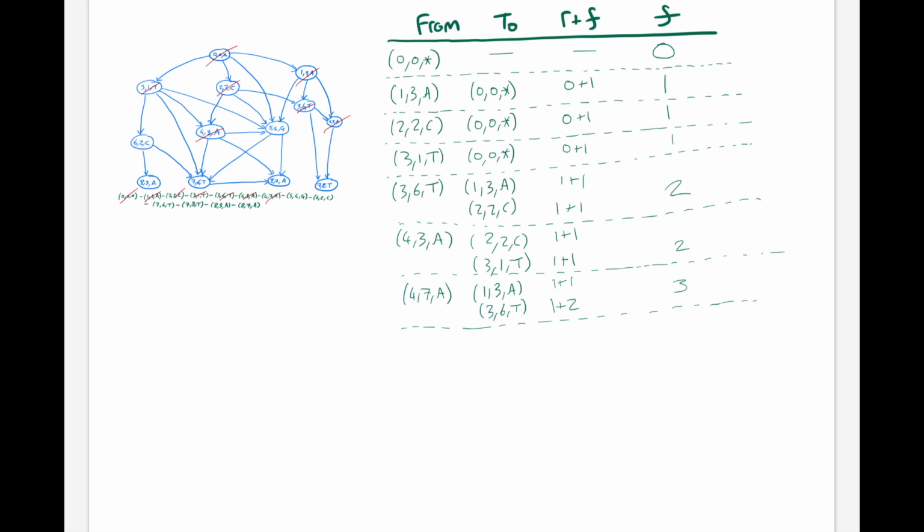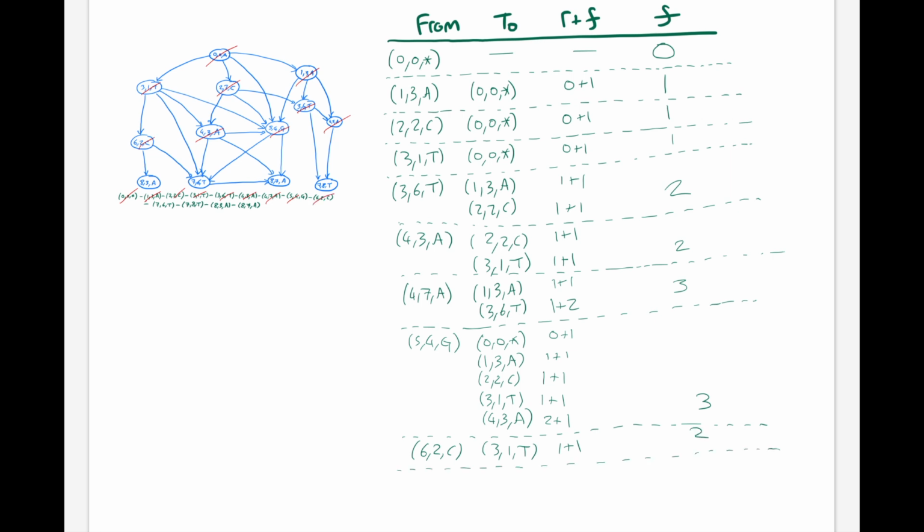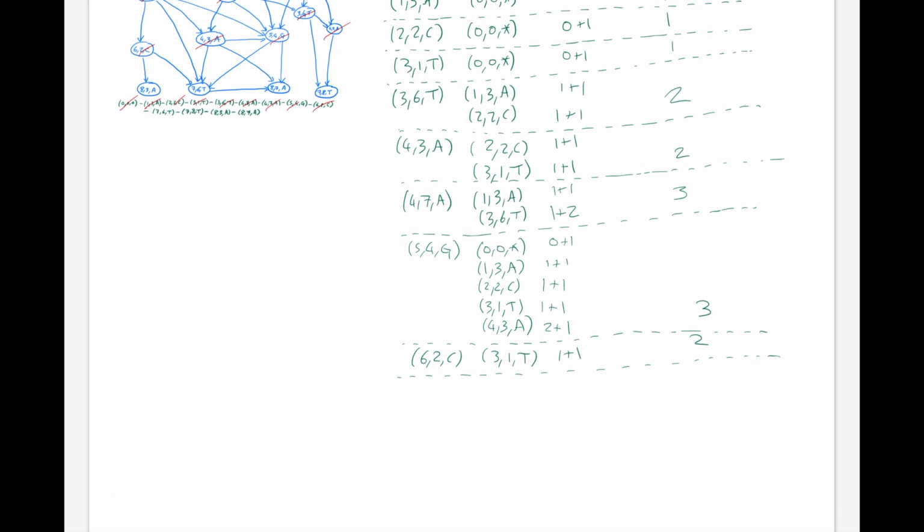Next, 5,4G. From here we can get to 0,0,star, 1,3A, 2,2C, 3,1T, and 4,3A. There's a lot of options here. Then we look at 6,2C. The only place we can go from here is 3,1T. 7,6T.